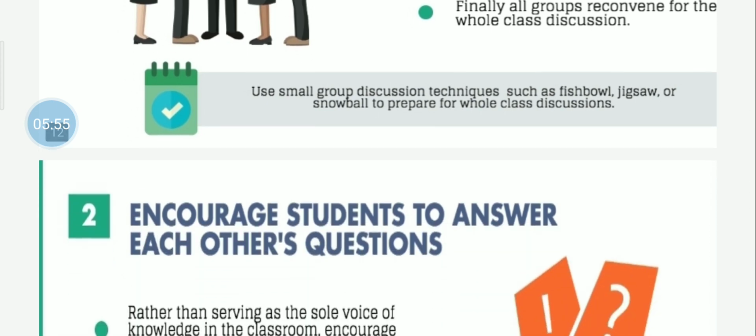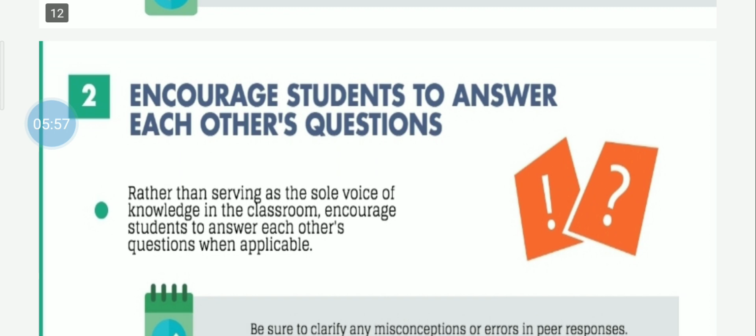Then we move on to how to encourage students to answer each other's questions. Rather than serving as the sole voice of knowledge in the classroom, encourage students to answer each other's questions when applicable. Then create listening teams. This is the very important thing.